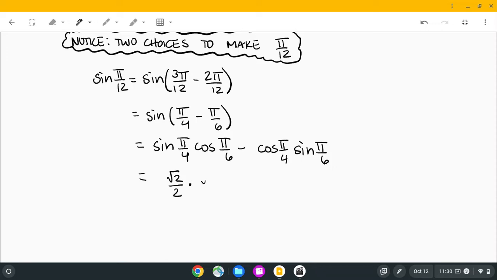Cosine of pi over 6 is square root 3 over 2. Cosine of pi over 4 is square root 2 over 2. And sine of pi over 6 is 1/2. So we're back to getting these 6s, 4s, and 3s and 2s.